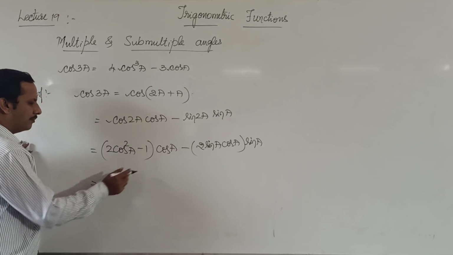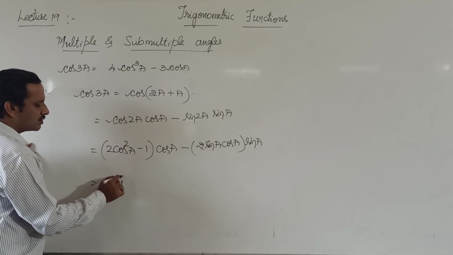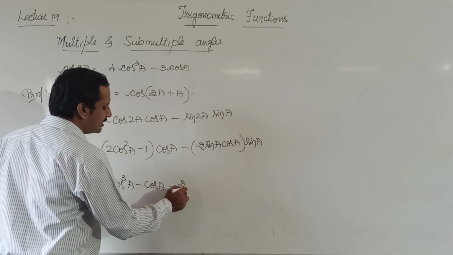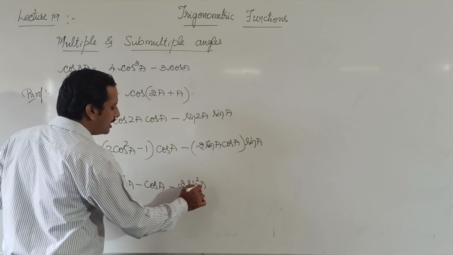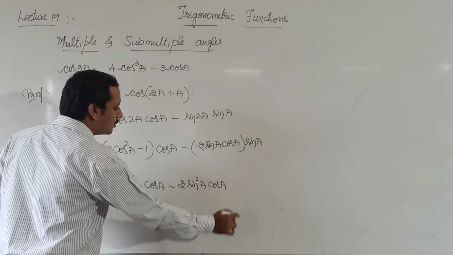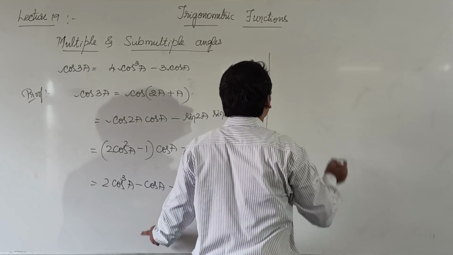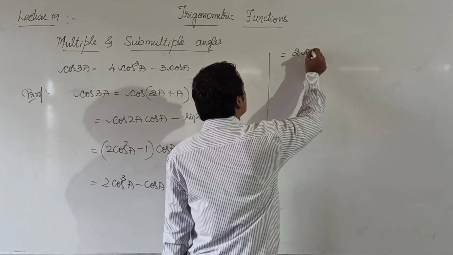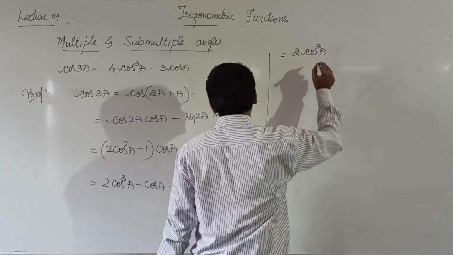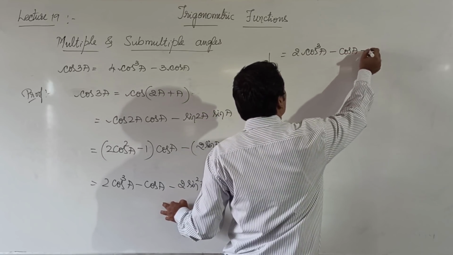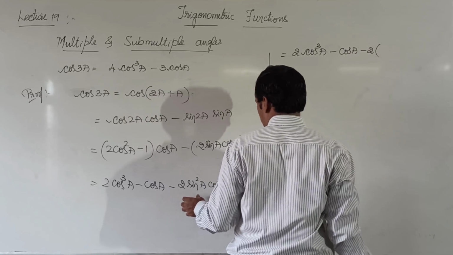That's equal to 2 cos cube a minus cos a, minus 2 sin square a into cos a.